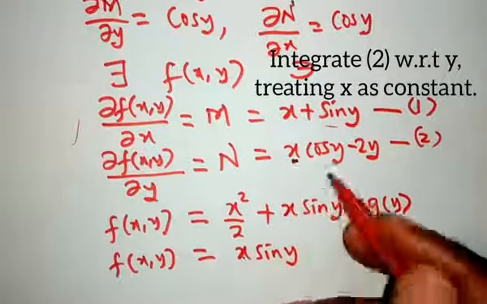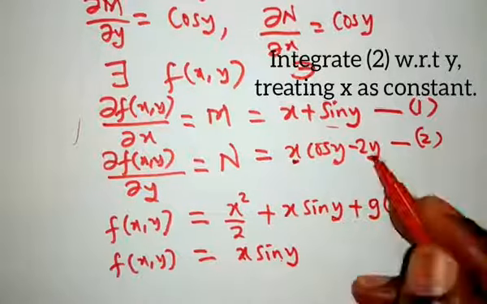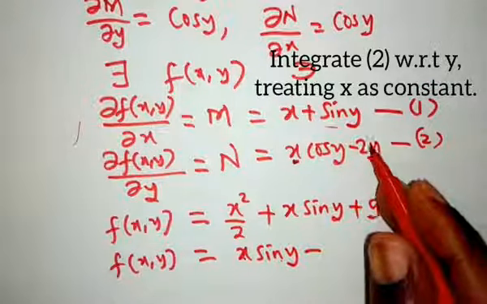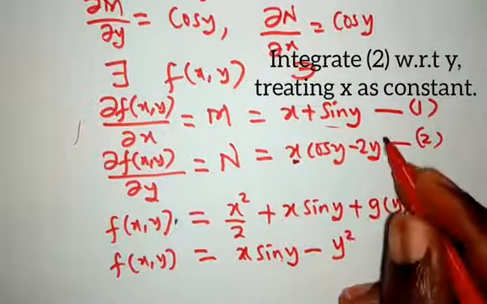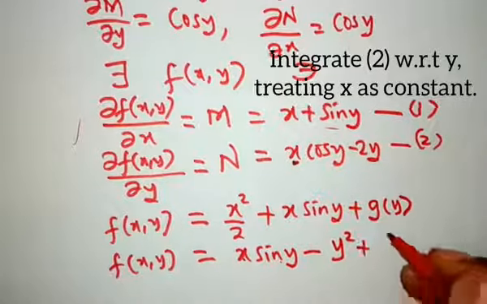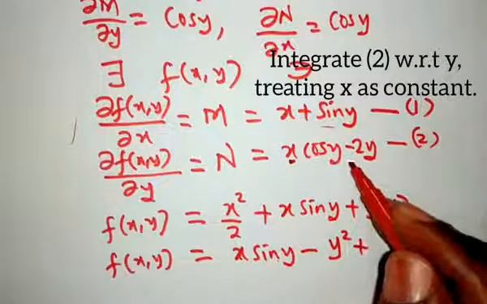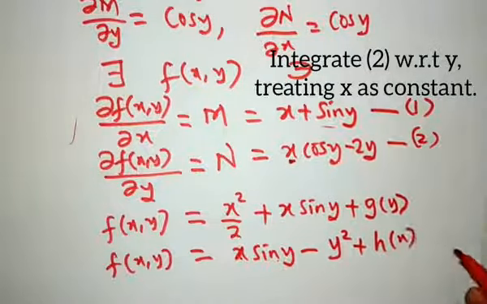This x here is a constant, so cos y with respect to y gives us sine y, minus integrate 2y with respect to y gives us y squared over 2. So we have y squared here, plus the constant of integration, which is going to be a function of x. So we have h of x.